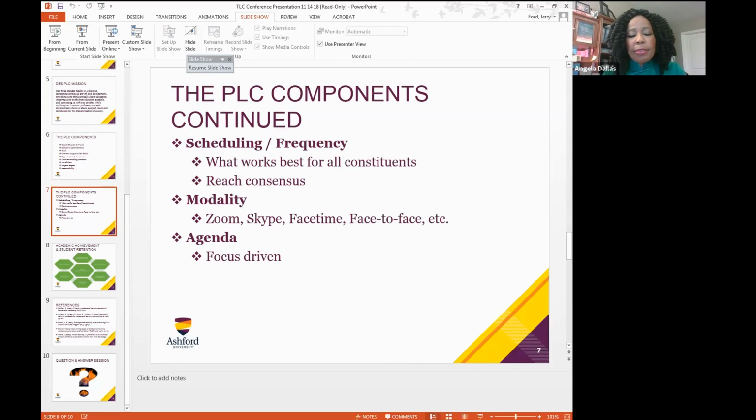We have scheduling and how frequently we meet. Sometimes we meet every other month, sometimes we meet monthly, and between our formal PLC meetings, we have informal meetings where we talk about things that are working or not working, things that are happening in the profession, how we can best serve our students, things that they may or may not need, share resources, and things of that nature.